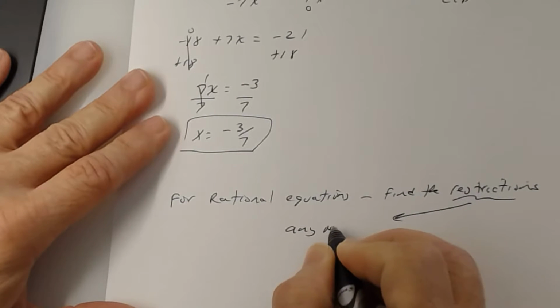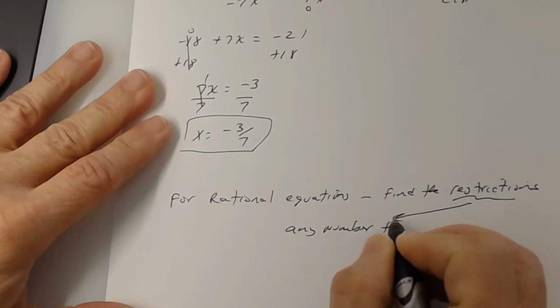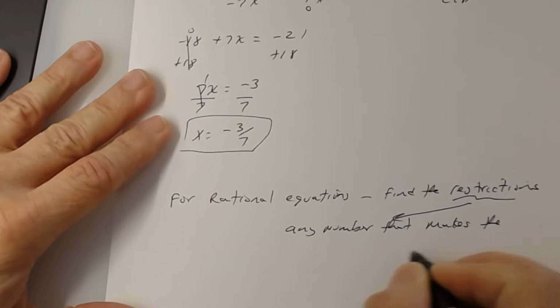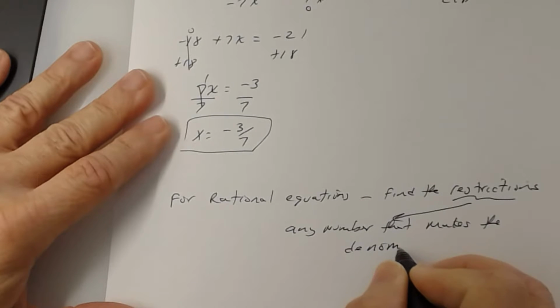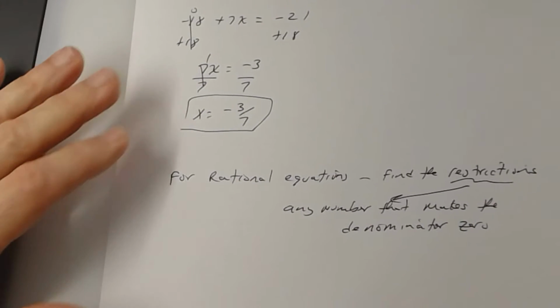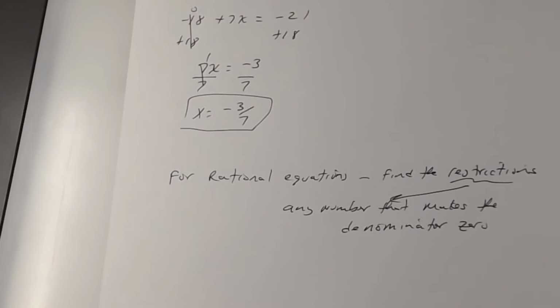Basically the restriction is any number that makes the denominator 0, just the denominator. It makes sense because you cannot divide by 0. Put 8 divided by 0 in your calculator.